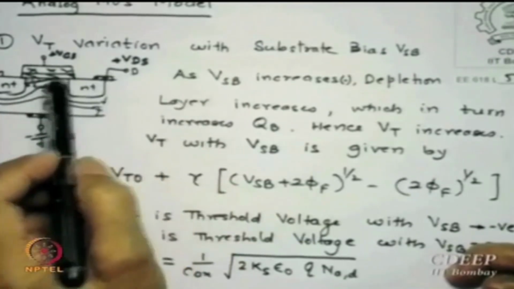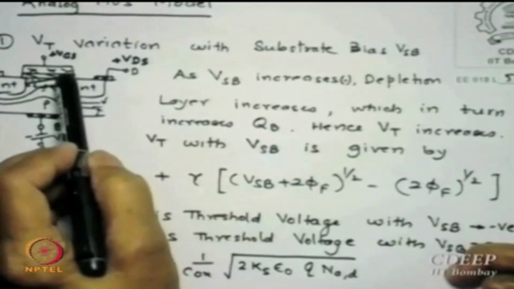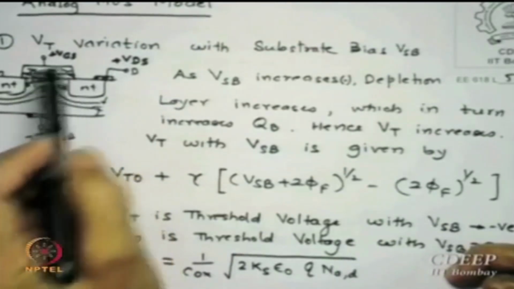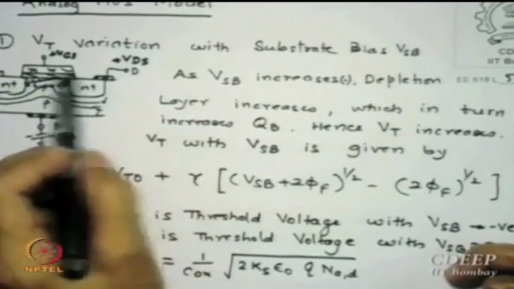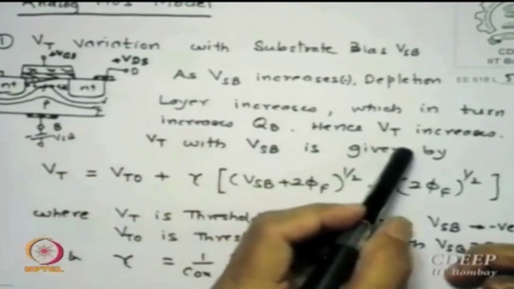At the point when VGS minus VT equals VDS, we say it is pinched, or the channel does not exist at the drain corner. As you increase VDS further, the channel pinch-off point shifts towards the source, is that correct?